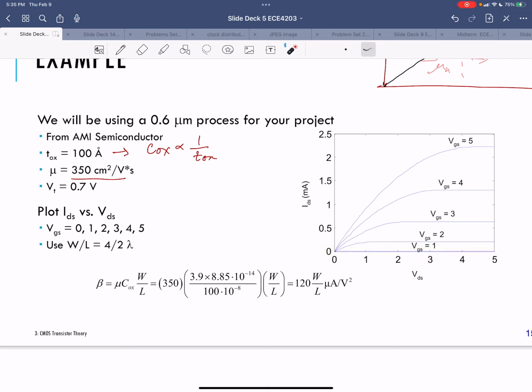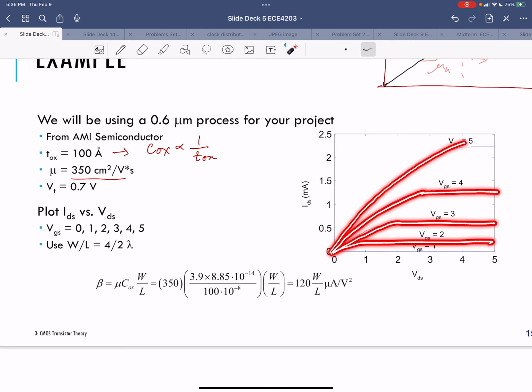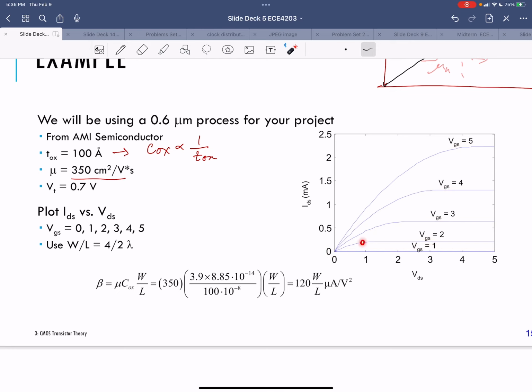And as the gate source voltage goes above the threshold voltage, so here VGS minus VT is 300 millivolts, you end up with this linear region and then the saturation region, linear region, saturation region, and so on. And you notice how the break between linear and saturation is a function of your gate source voltage.